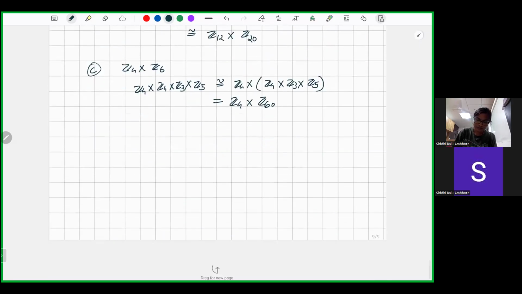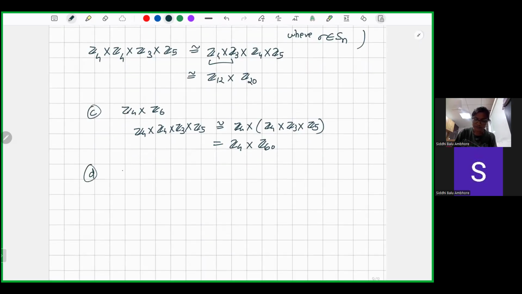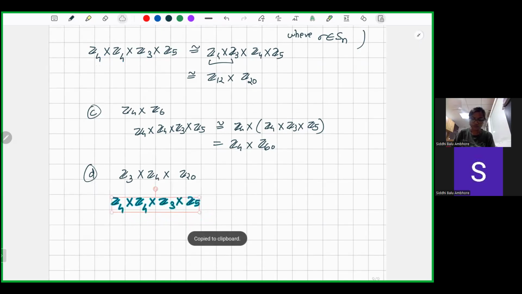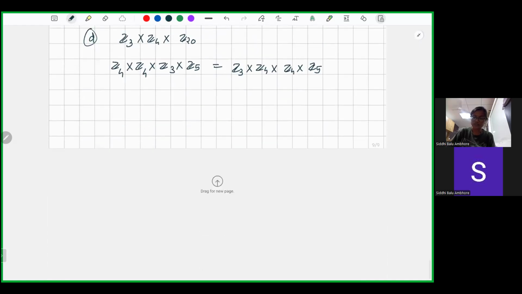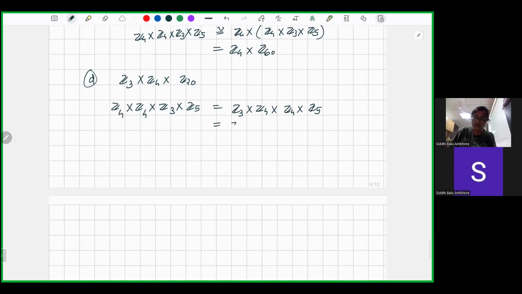And similarly, the D option, it is Z3 cross Z4 cross Z20, and that is just this Z3 cross Z4, the similar one. And I'm now shuffling this to Z3 as it is, Z4 as it is, and now I'm taking together this Z4 and Z20, which will give me this Z20.